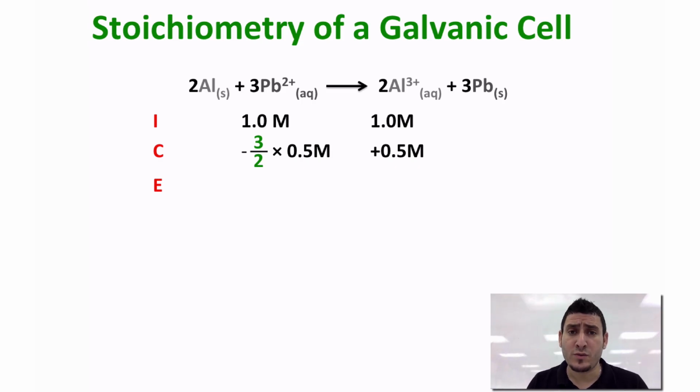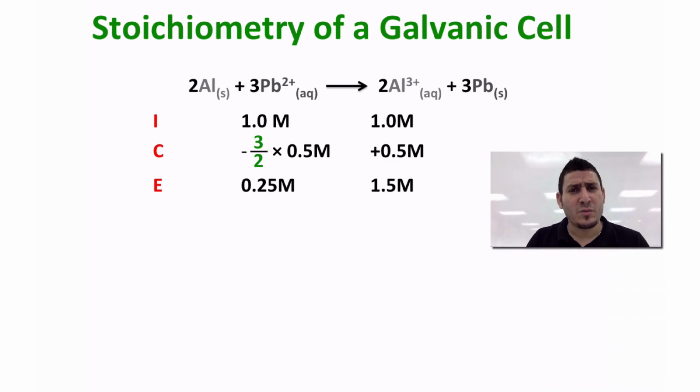Now the 3/2 is the molar ratio between lead 2+ and aluminum 3+. At the end, the concentration will be 1.5 molar for aluminum, 0.25 molar for lead.